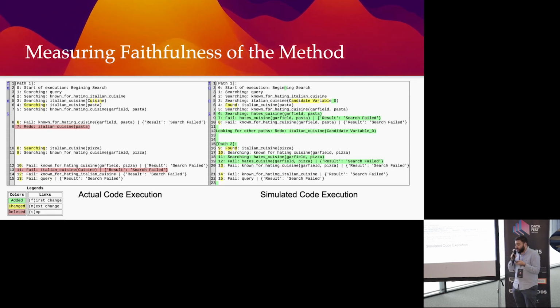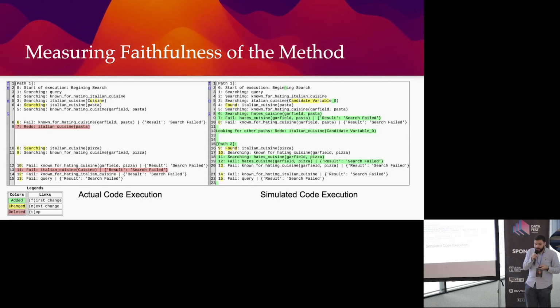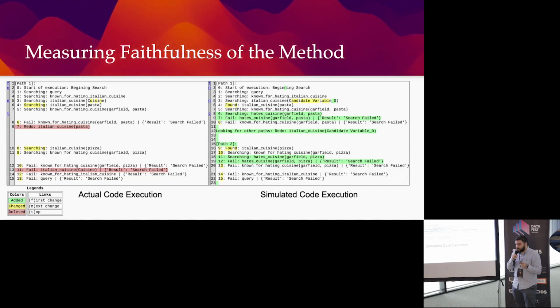We can even do something further, which we did: graph comparison. Is one search a subgraph of the other search, which is more strict in that type of domain? And it turns out, I'll cover it a bit later, that the more faithful towards the original execution it is, the better results you get.